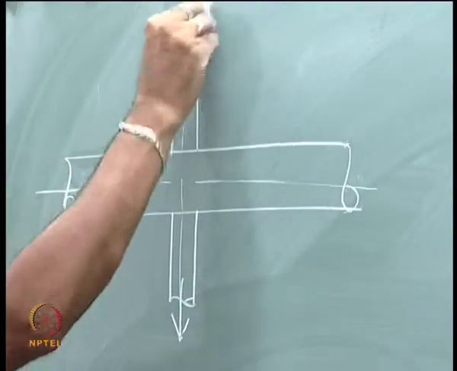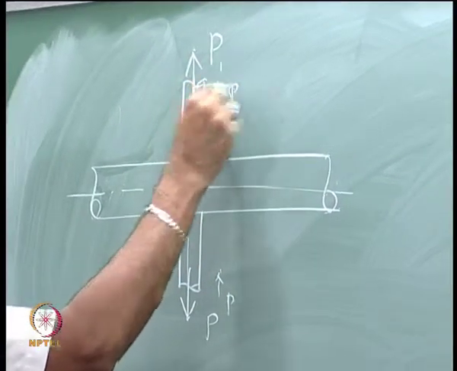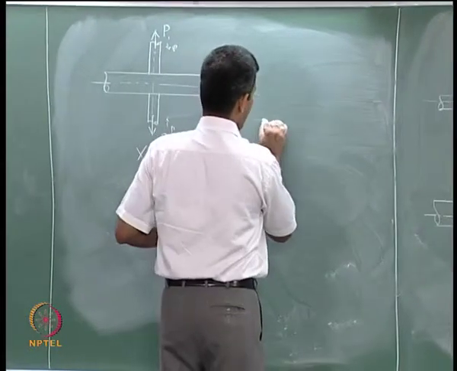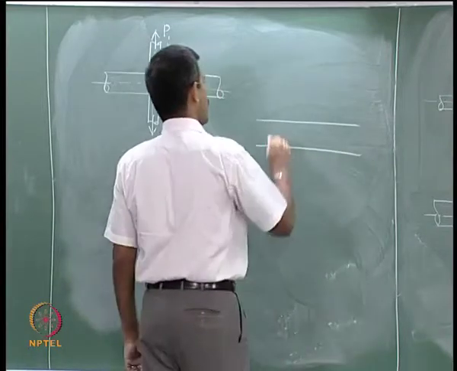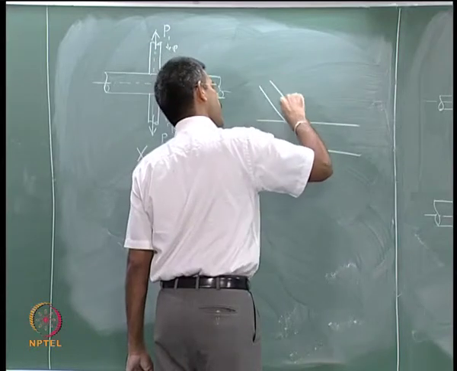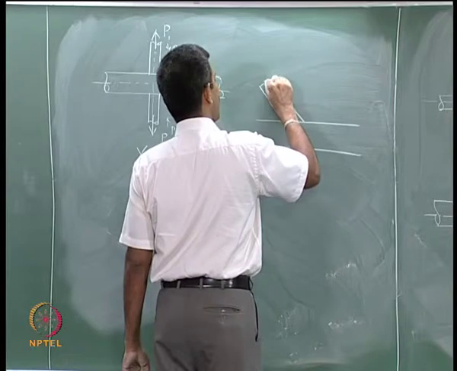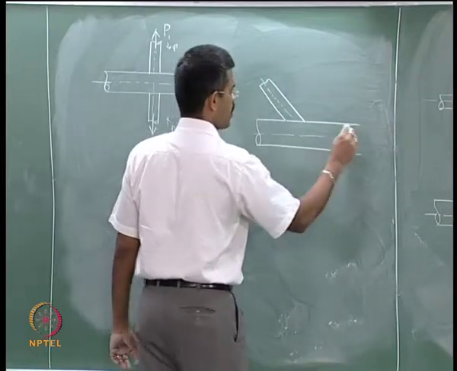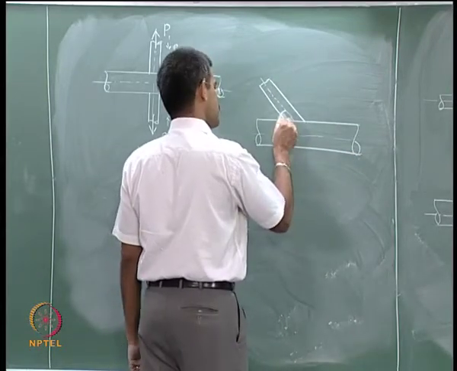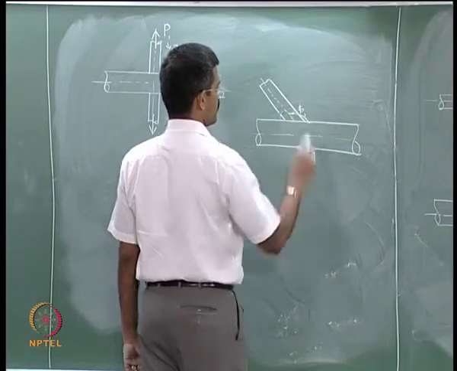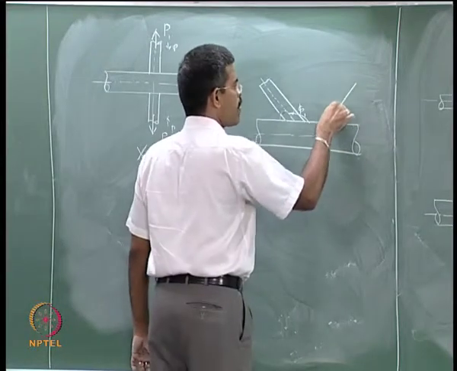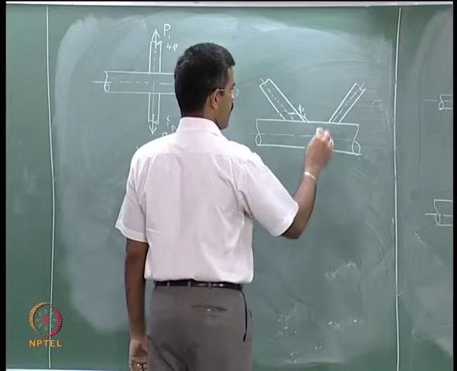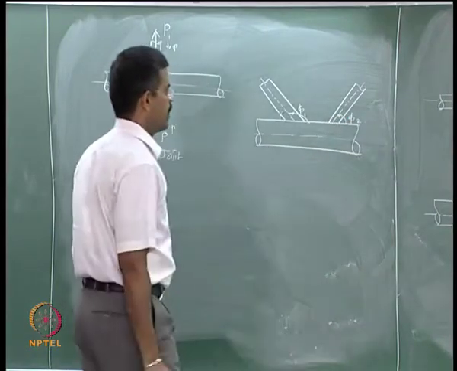Either you can have P acting outward or you can have P acting inward also. This is called X joint. Called K joint.